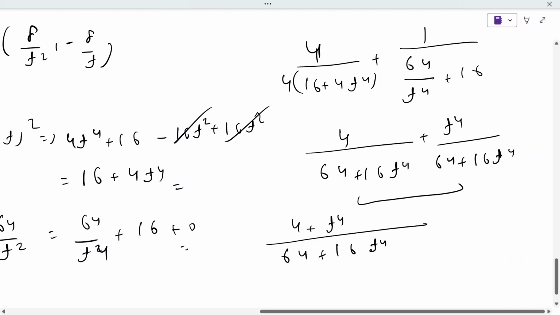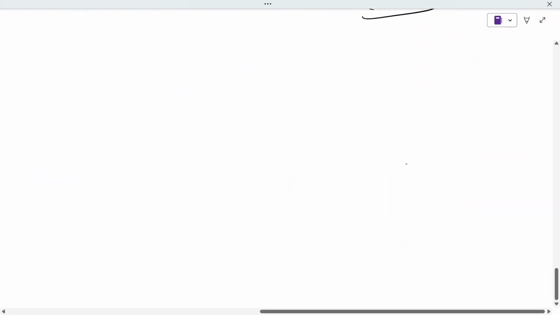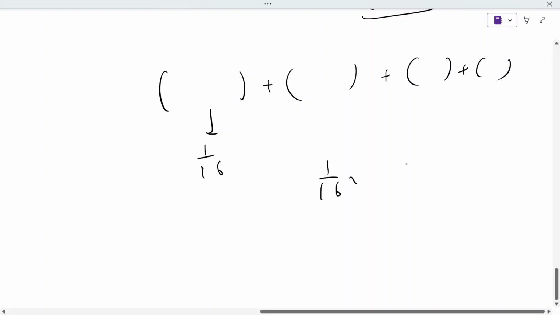Clearly 16 is coming out, so what we got is 1 by 16 times this 4 plus t to the power 4 over 4 plus t to the power 4, so it is 1 by 4. Fine.